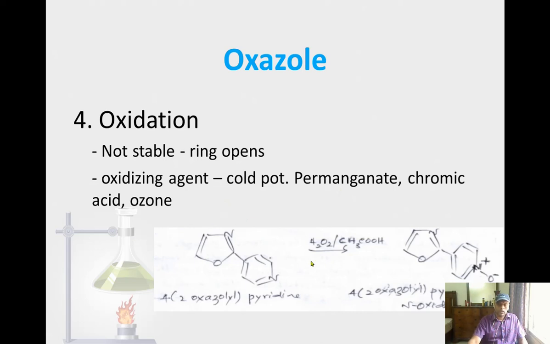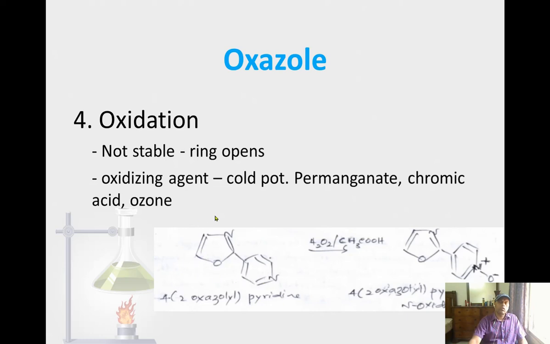In the following reaction, we are going to take hydrogen peroxide with acetic acid. We are going to make that react with 4-(2-oxazolyl)pyridine. The oxazole ring is attached at its second position to pyridine, right?